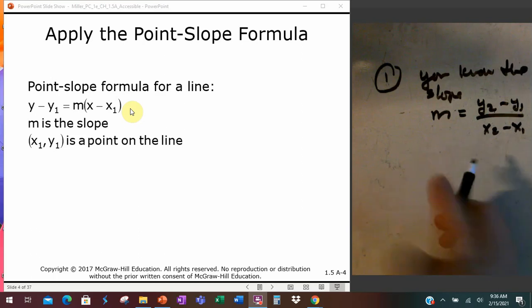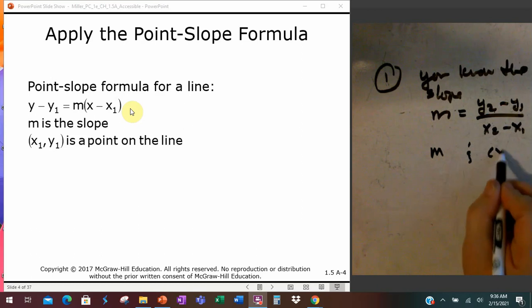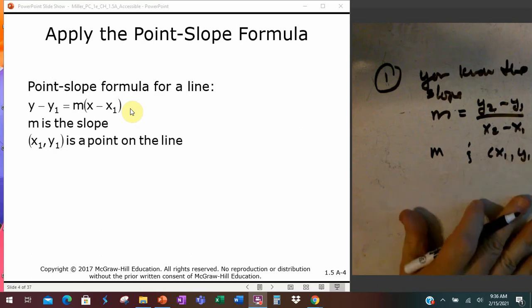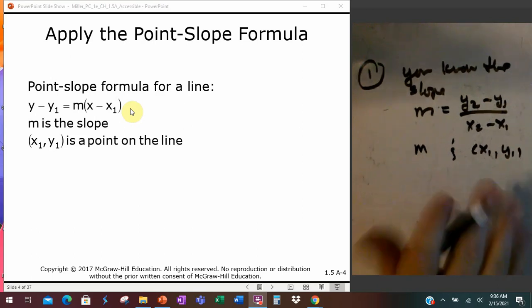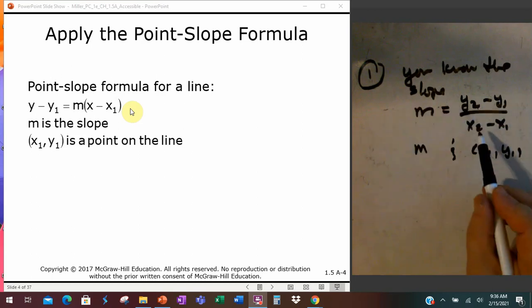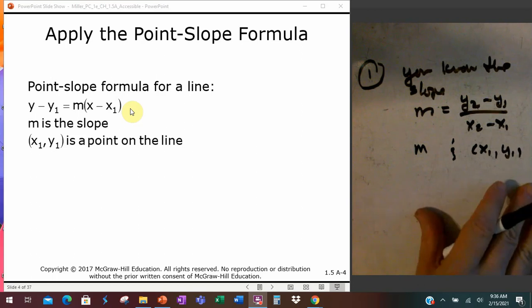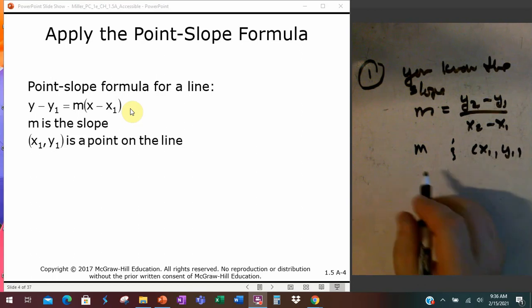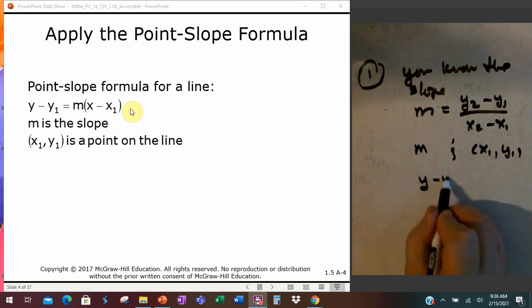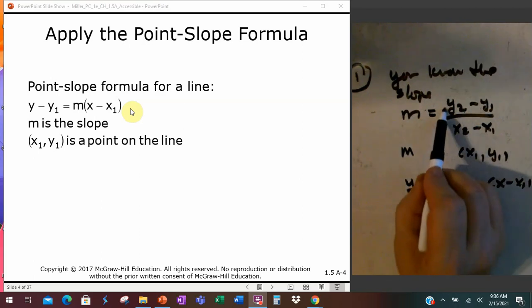And if I'm given it, then all I need is m and the point x1, y1. So if I know that, I'm kind of using this same version and multiplying both sides by that, and then saying the second point doesn't really matter, it's any point x, and then that gives me y minus y1 is m times (x minus x1), and that basically comes from that.